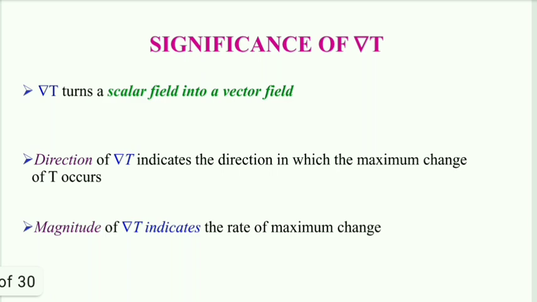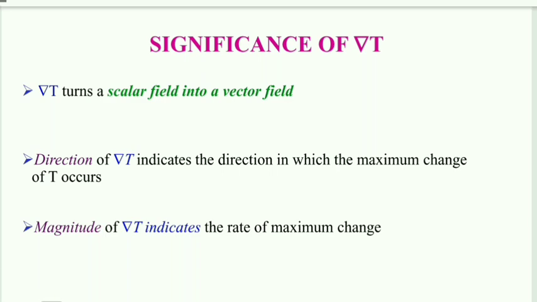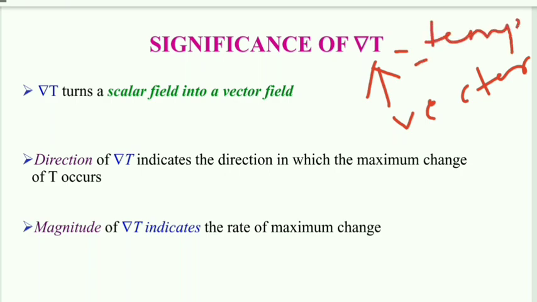What is the significance of gradient? We know that a gradient is a vector. Let us take one scalar function. Del operates on a scalar function and results in a vector. Let us take T as temperature.